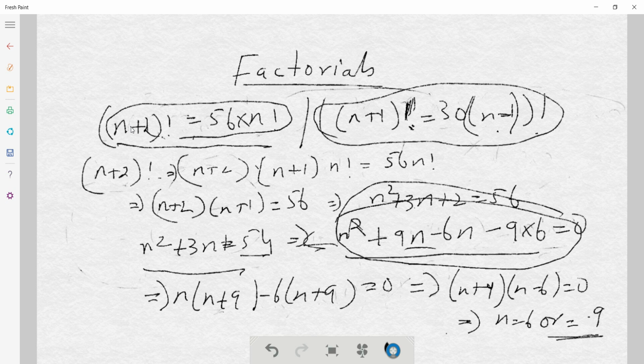We did that. Now we got an equation like (n plus 2) factorial equals 56 n factorial, and we solved it to get the value of n. Pretty straightforward. Use your little bit of algebra knowledge from high school to solve this equation.